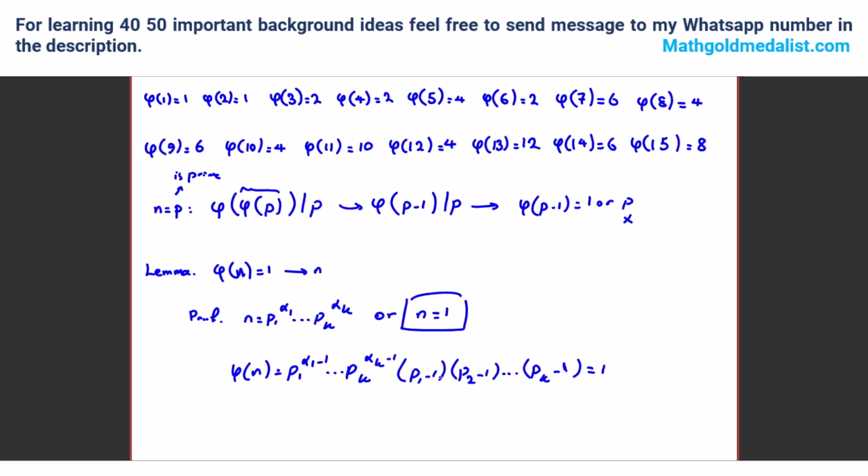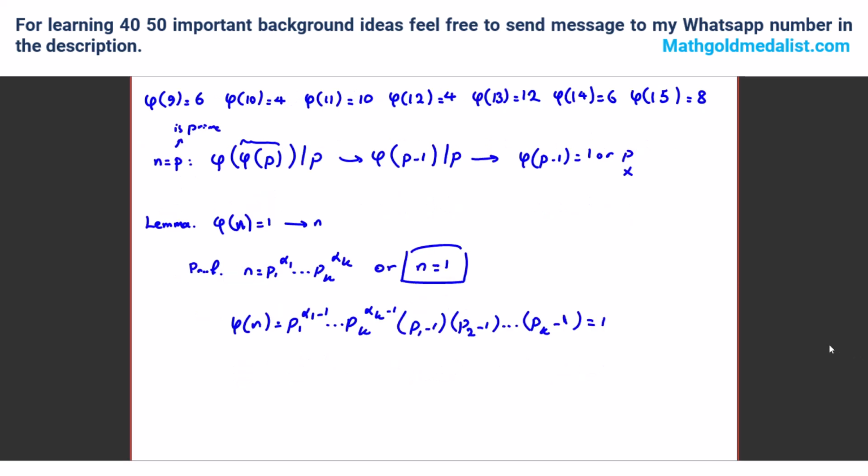Since each of them is a positive integer, each has to be 1. So alpha 1 to alpha k equal 1, and the first expression has to be entirely 1. So we can consider how many primes there are.